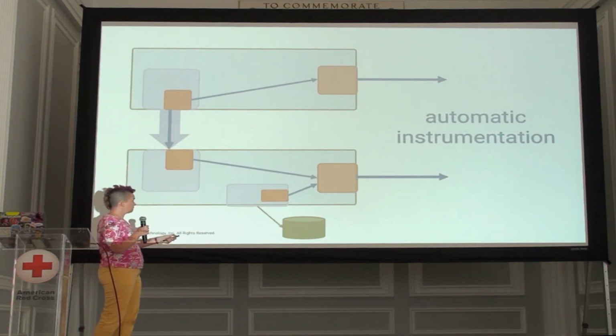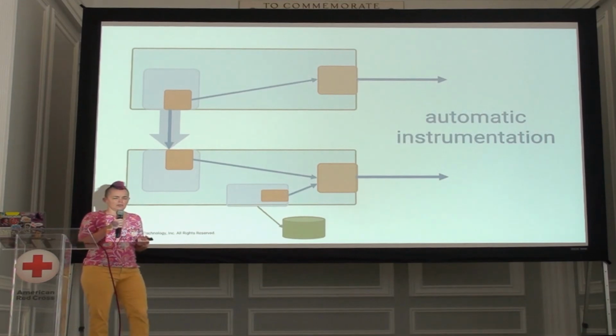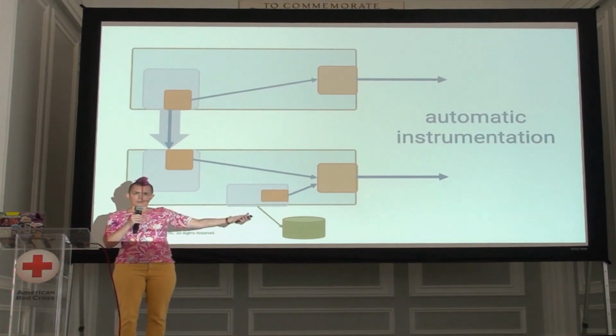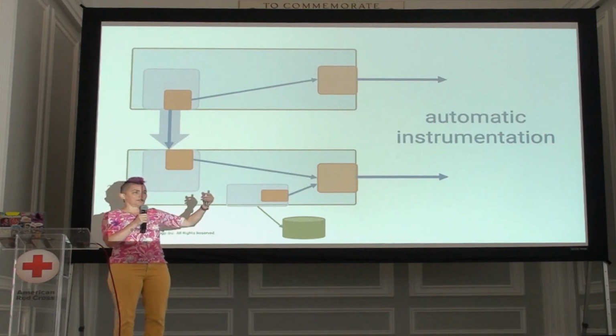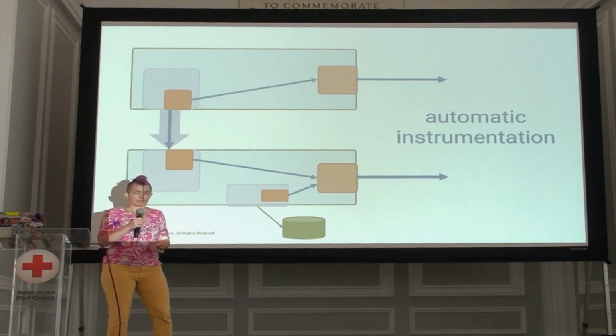This orange box here represents the OpenTelemetry libraries for exporting and sending, buffering, and matching up the spans to send, and the metrics and the logs.